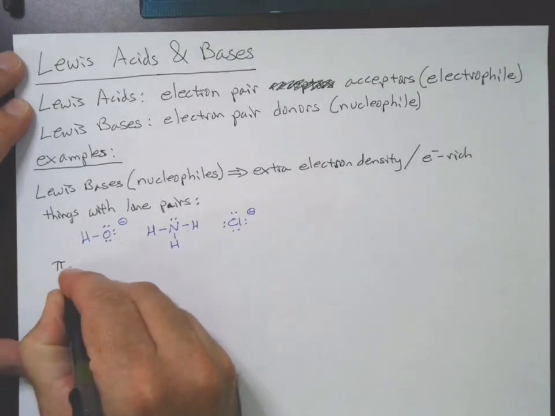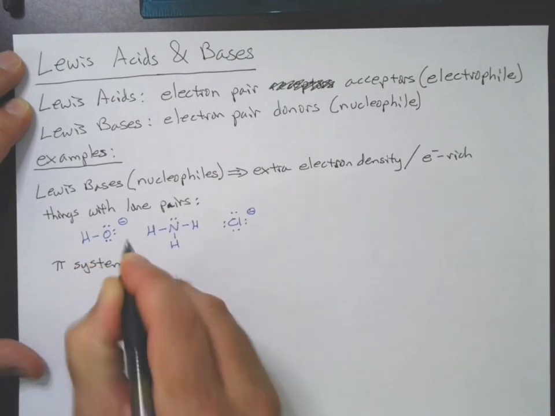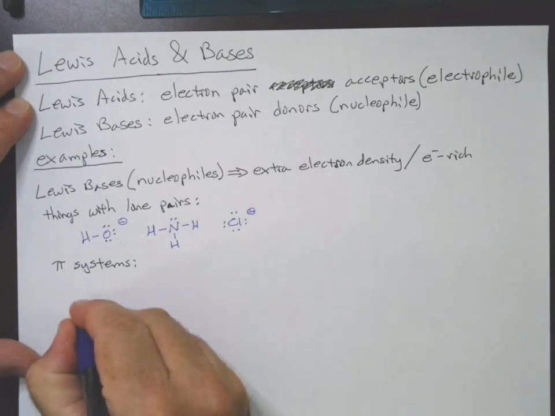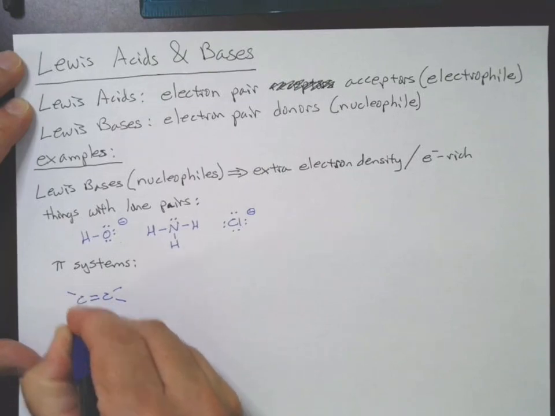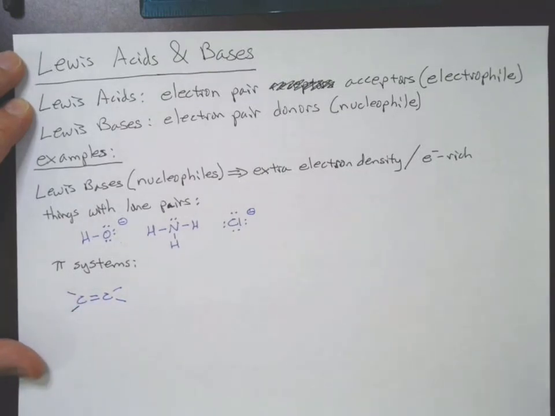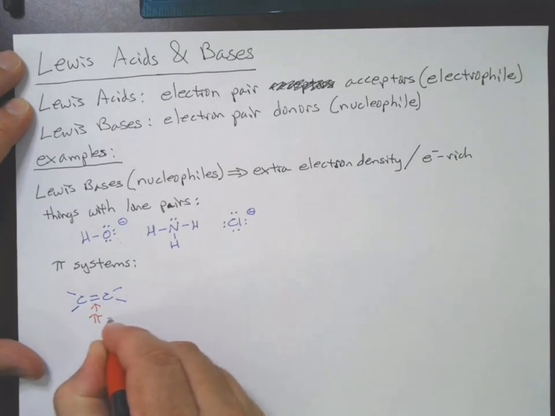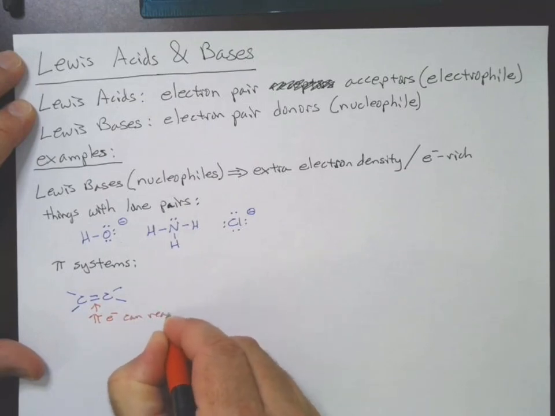We could have things that have pi electrons. We'll say pi systems. And these could be things like carbon-carbon double bonds. Pi electrons can react.